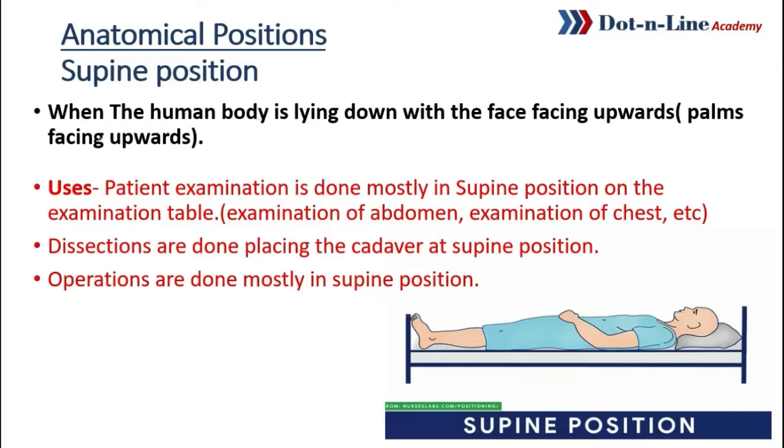When the human body is lying down on a bed with the face facing upward, the palms may be considered facing downward or may not be, but the person is lying on the bed with the back downside and the trunk upside. This is the supine position.